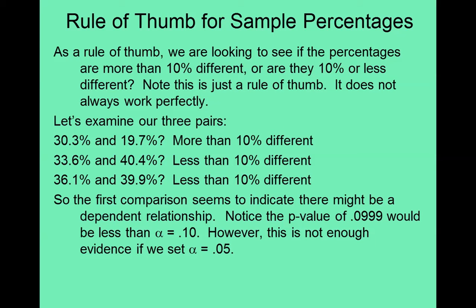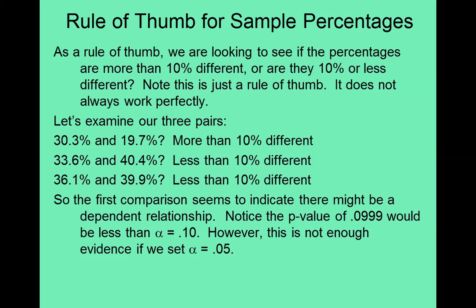Now the 33.6 and 40.4% and the 36.1 and 39.9% are less than 10% different. So the first comparison seems to indicate there might be a dependent relationship, but the other two comparisons suggest that there might not be a dependent relationship.